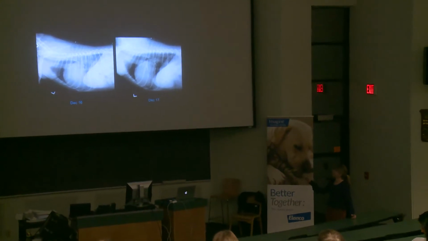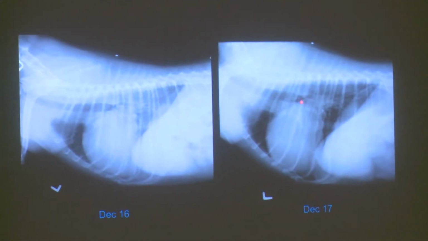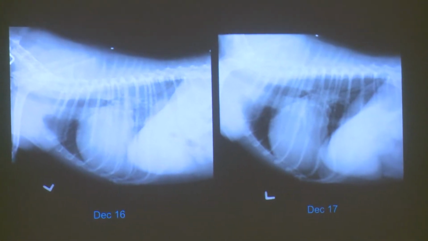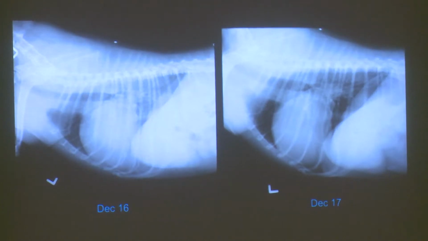It's certainly not normal, but we can make out this very prominent soft tissue opacity now that represents mostly left atrium. So her left atrium is quite big. But we can now make out vessels much easier, and the aorta and the caudal aspect of her cardiac silhouette. So that's just 1 day apart with a couple of IV boluses.